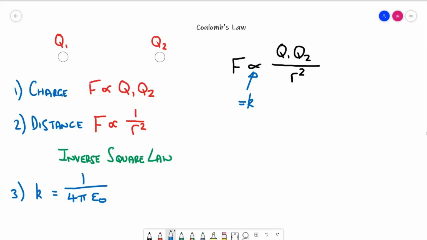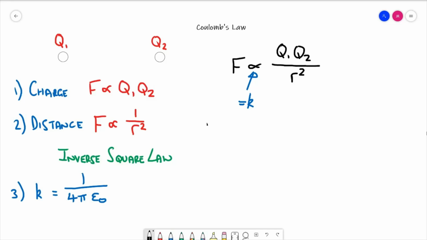The reason why it's 1 over 4 pi epsilon naught is because that constant itself, epsilon naught, is used elsewhere in electric fields, in electrostatics, electrodynamics and electromagnetism. That's why we don't absorb it and just make it one constant.